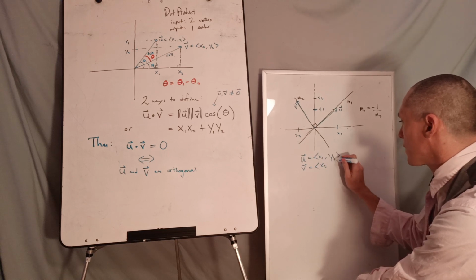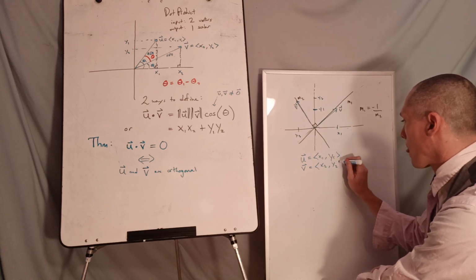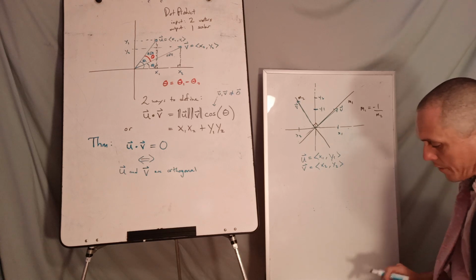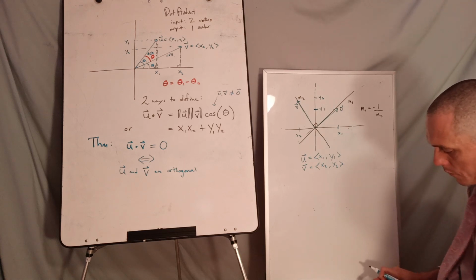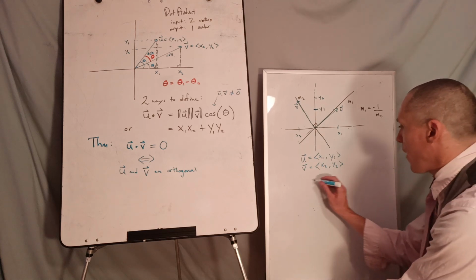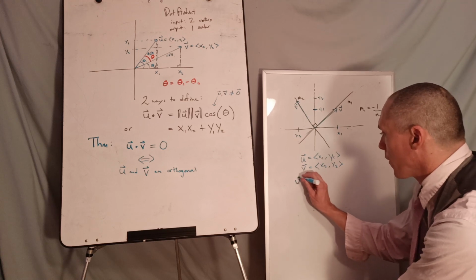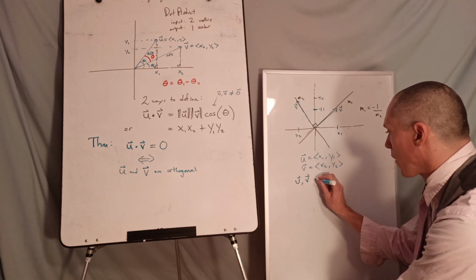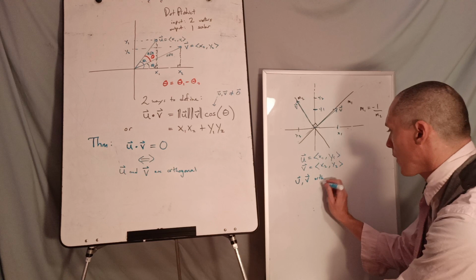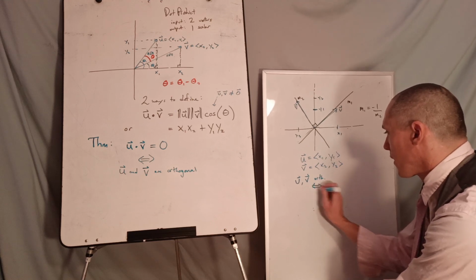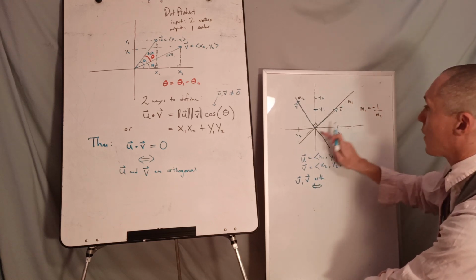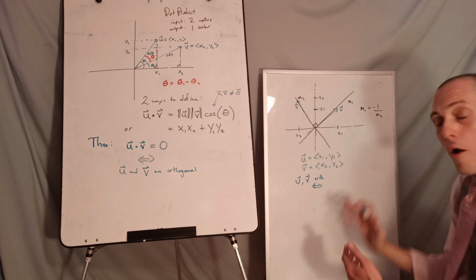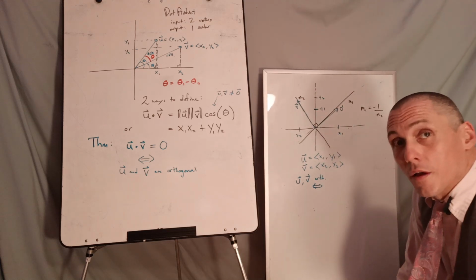Then u and v are orthogonal if and only if the slopes of these as parts of lines are negative reciprocals.